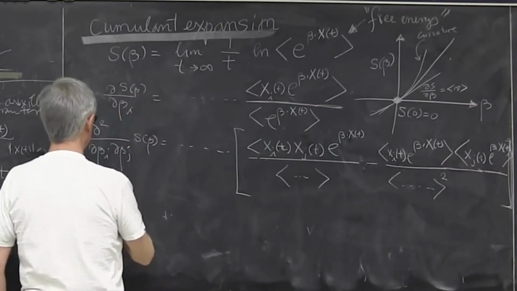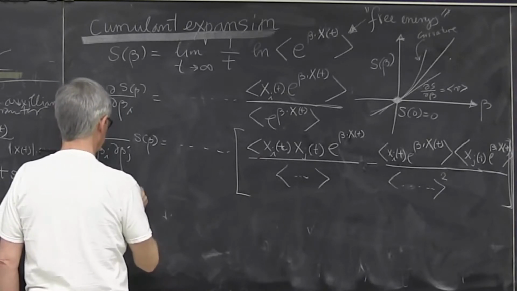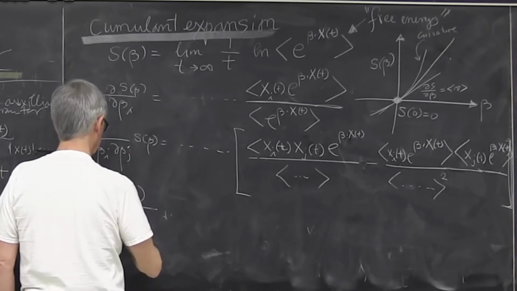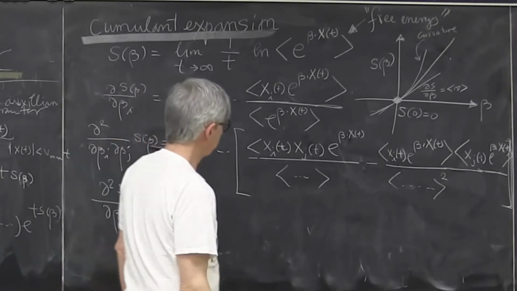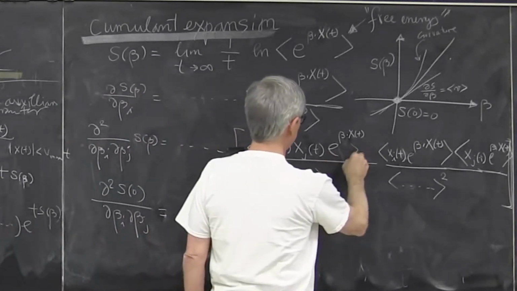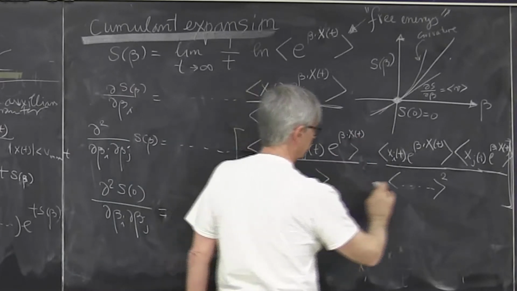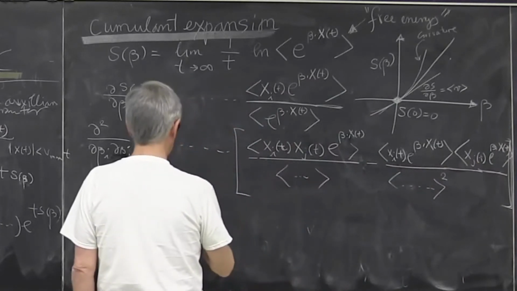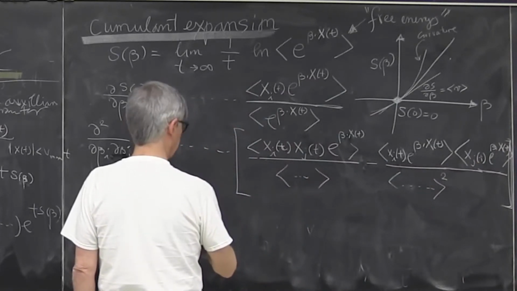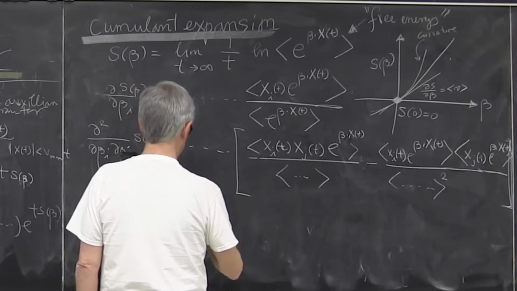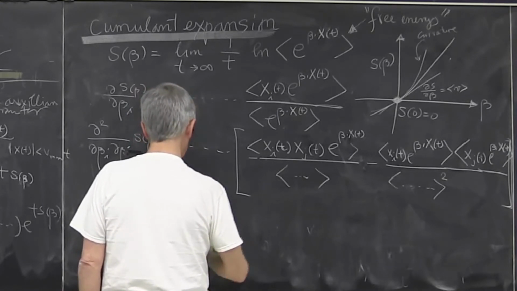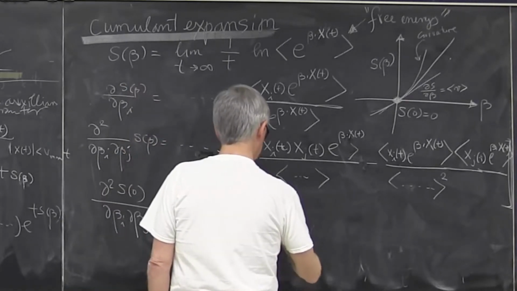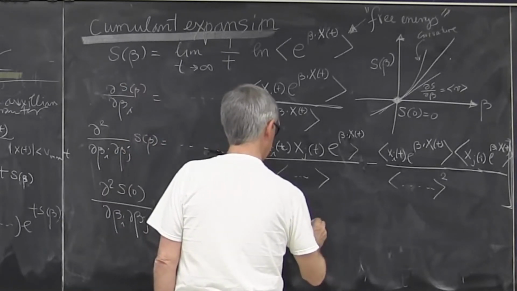And in particular, if I look at second derivative, evaluate it at beta equal to 0, what I'll get when beta equals to 0, this is 1, this is 1, this is 1, 1, 1, 1, and I will get that this equals limit t goes to infinity 1 over t xi t xj t.